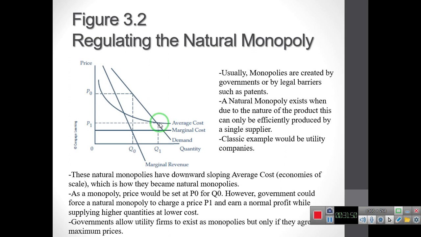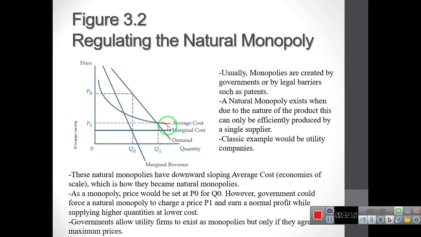Go back to the competitive market and look at where we had the average cost curve. It's right there where marginal revenue equals marginal cost. That's where the average cost curve hits right at the very bottom. Well, we're trying to mimic that.